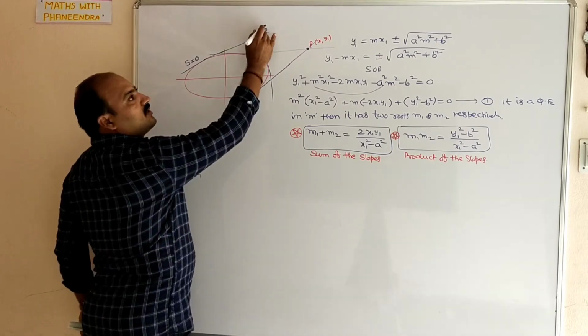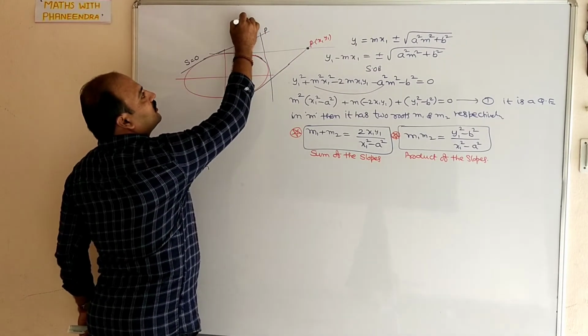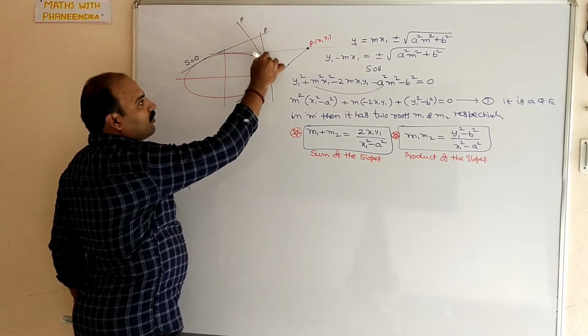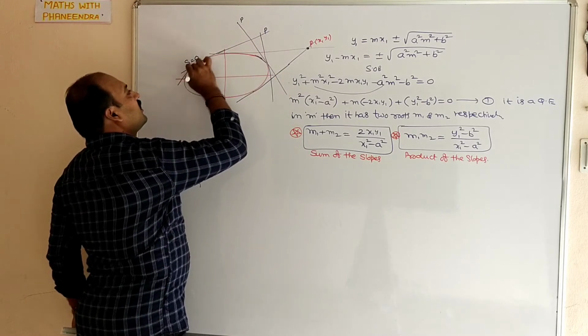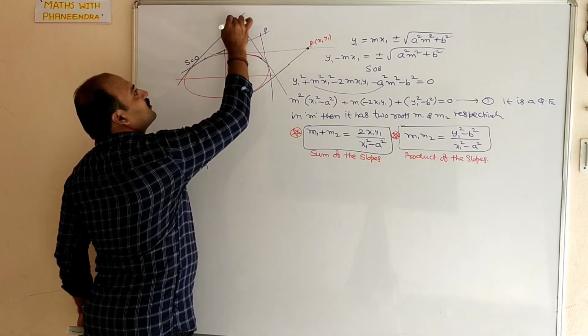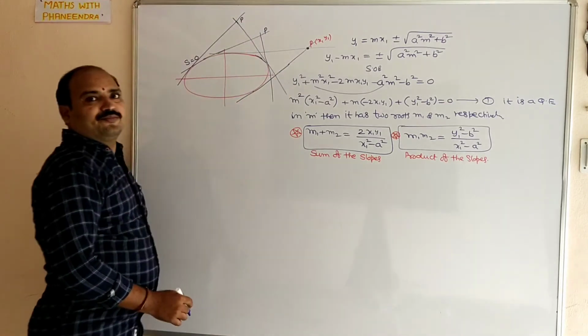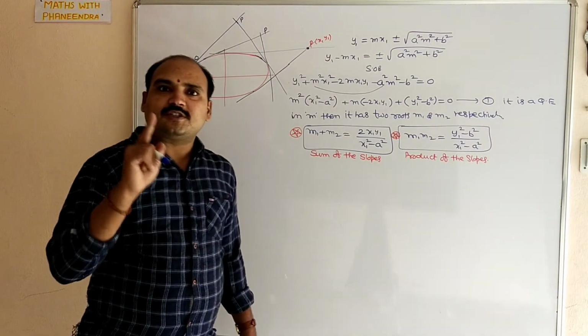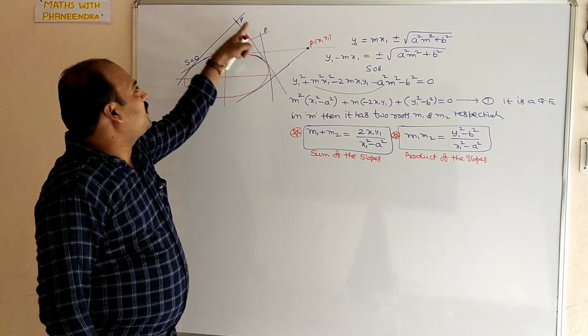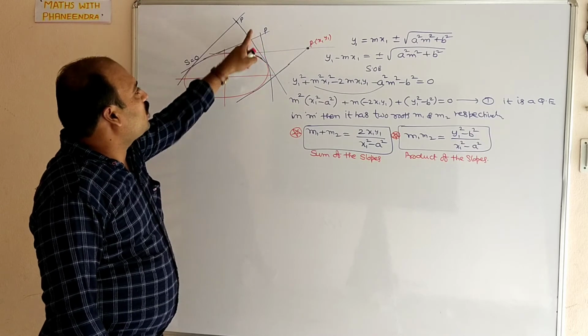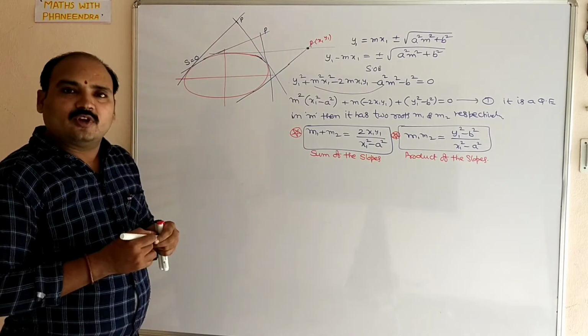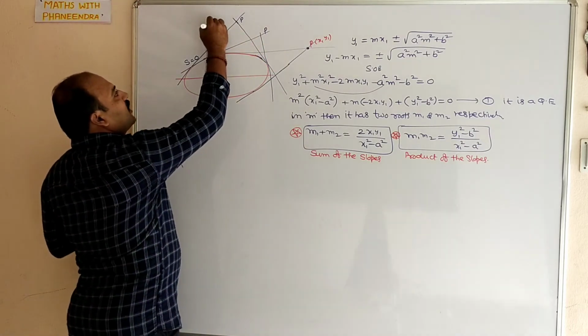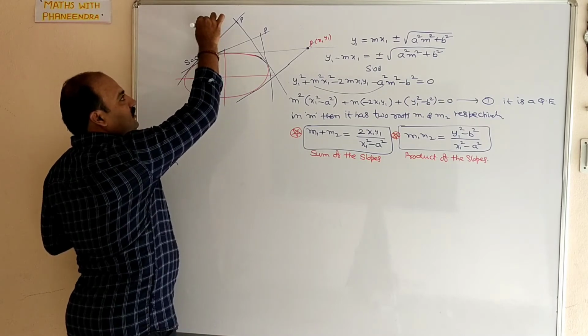If you consider another point here, here is one tangent, here another tangent. These two are perpendicular. The point of intersection of perpendicular tangents. Suppose we consider the point is here.